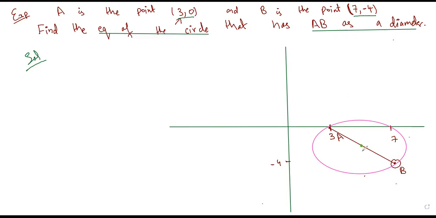Okay, no. All right, that's fine. So we need to find the center point and the radius. We know the coordinates of A, (3, 0), and we know the coordinates of B, (7, -4). So don't you think that the center of the circle would basically be the midpoint of AB, right?